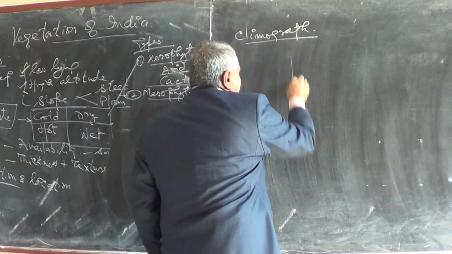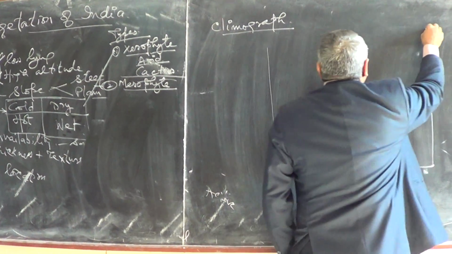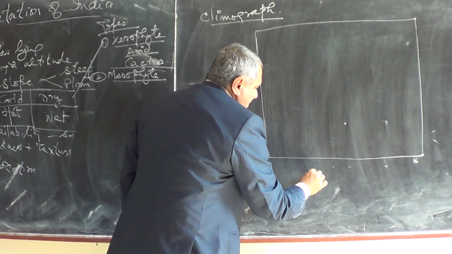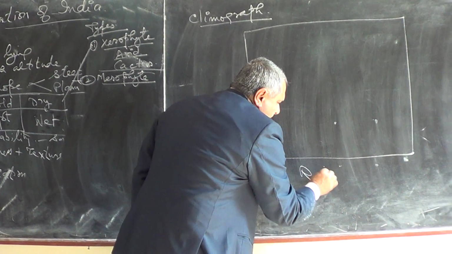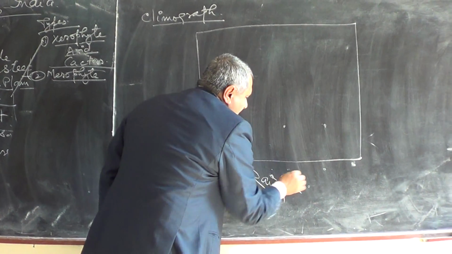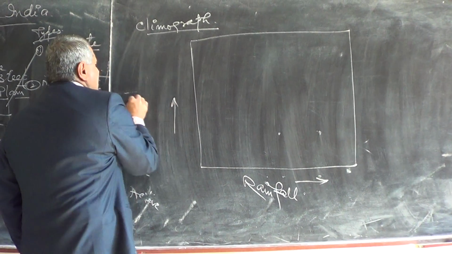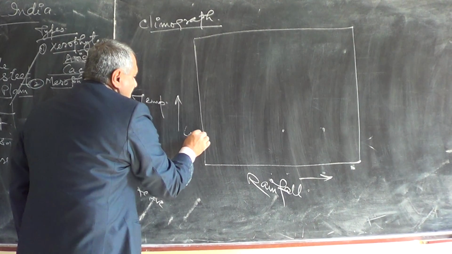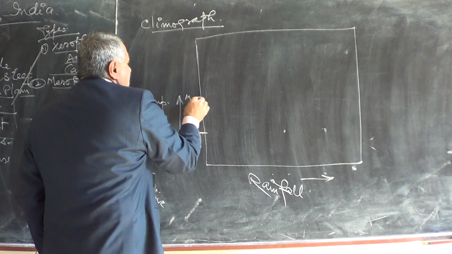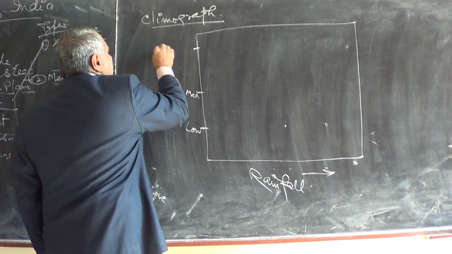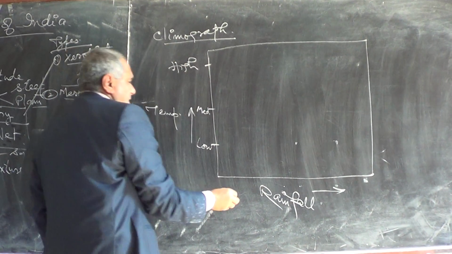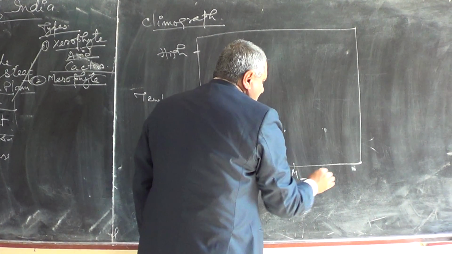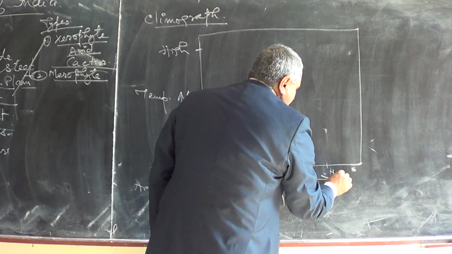In the climograph, if I construct one, this is rainfall, and this I can say temperature. Say low temperature, medium temperature, and high temperature. And this I can say low rainfall, medium rainfall, and high rainfall.